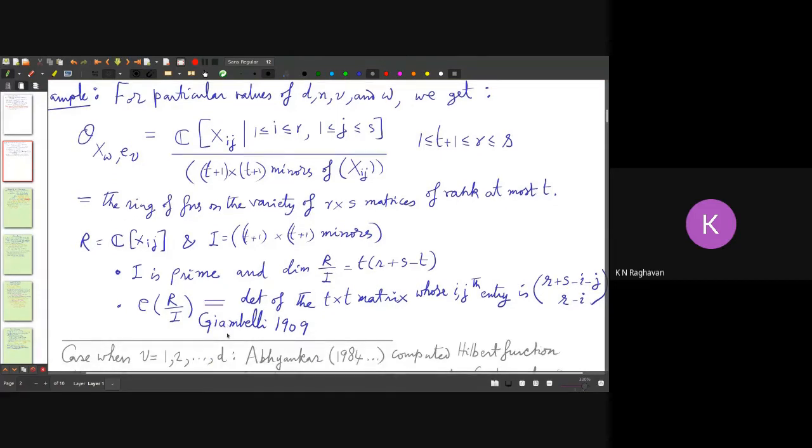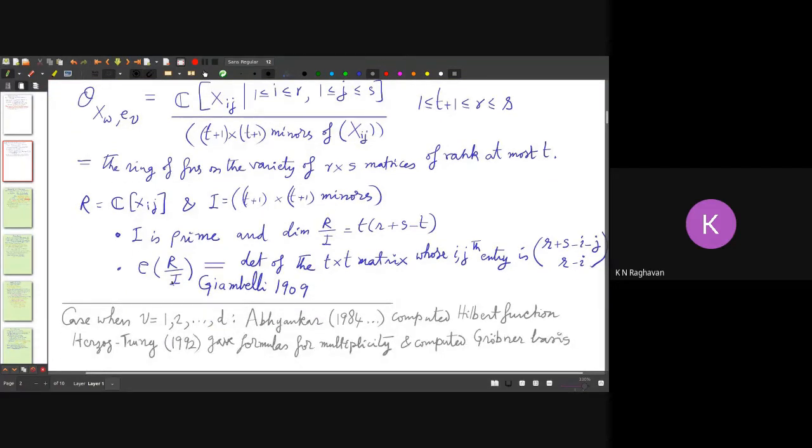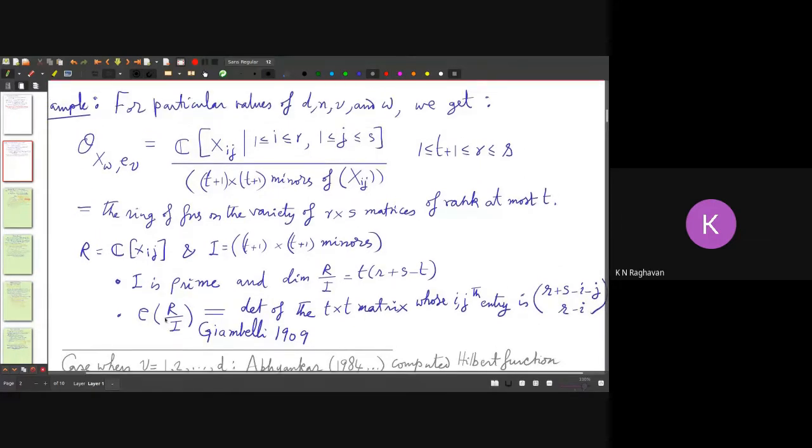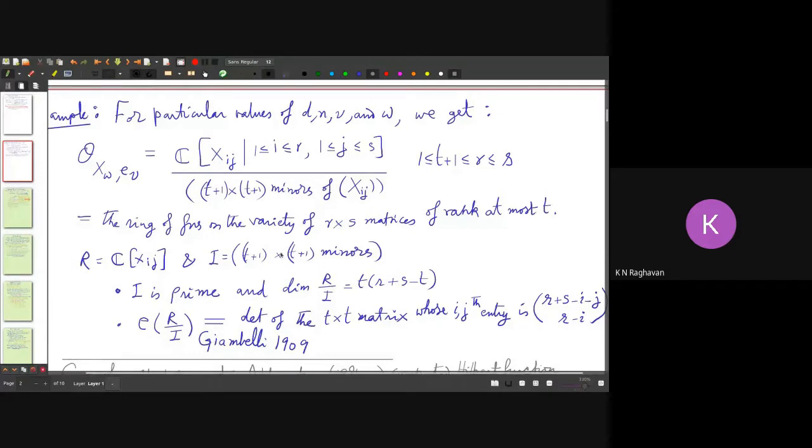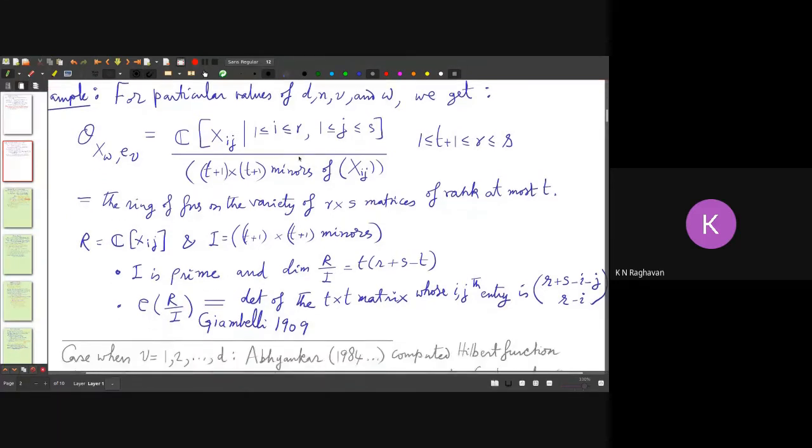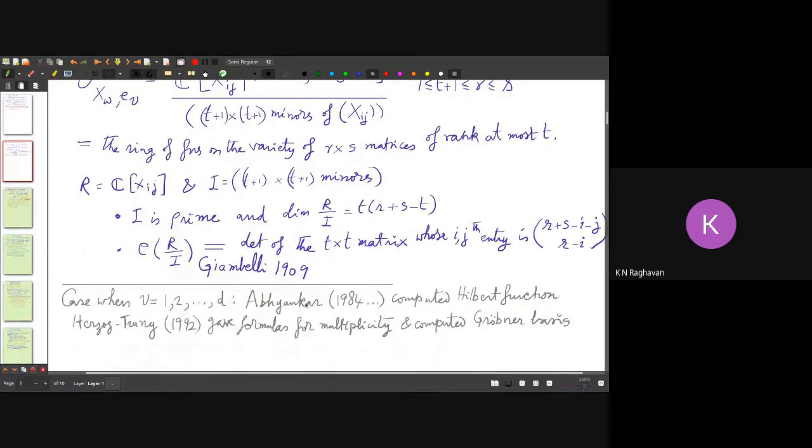And so in this example, I did not mention what D, N, V, and W were, but V happens to be just 1, 2, up to D, the smallest possible values for V. So suppose I take that, and then Abhyankar, starting in 1984, computed the Hilbert function of this ring R mod I. This is a graded ring, so it makes sense to talk about its Hilbert function.